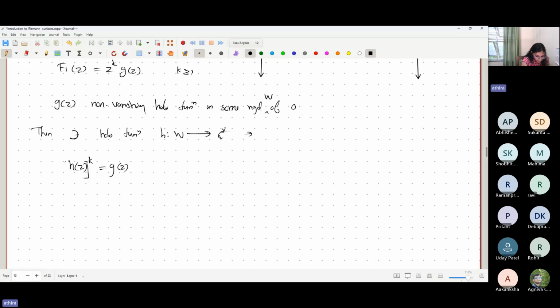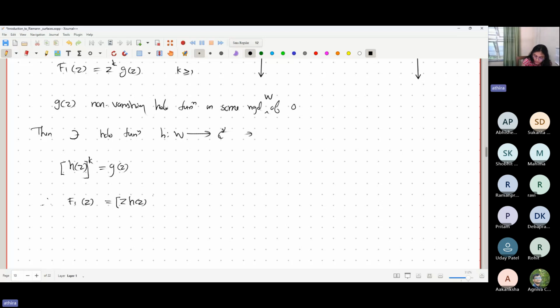Is this argument clear? Can anyone tell the idea of this argument? Existence of the kth root of holomorphic function G. Yeah, G is non-vanishing and locally it's a simply connected domain, so we can define the logarithm. Yeah, exactly.